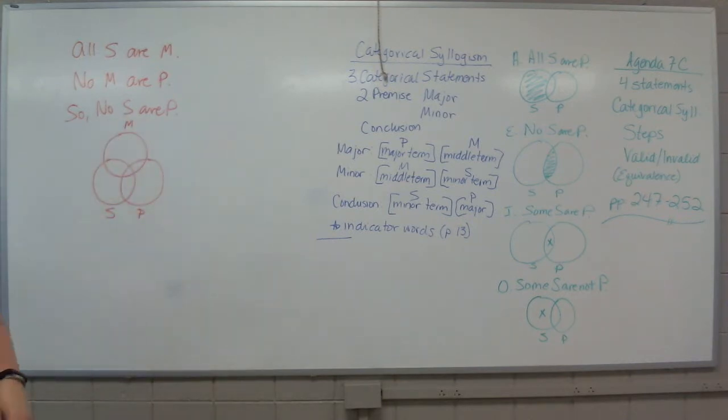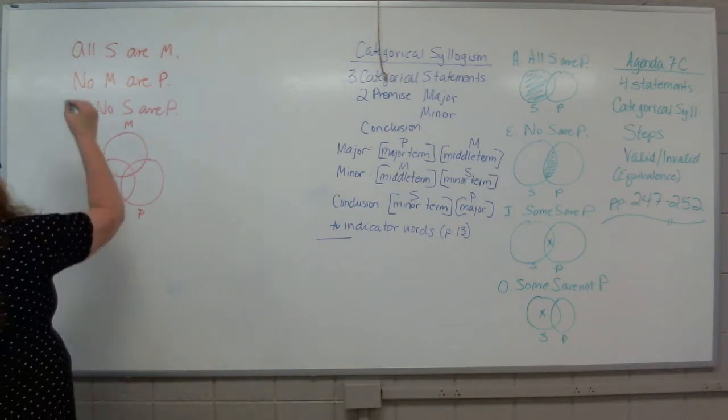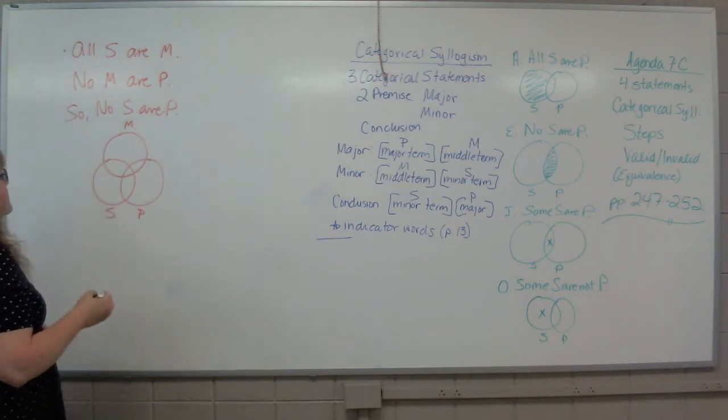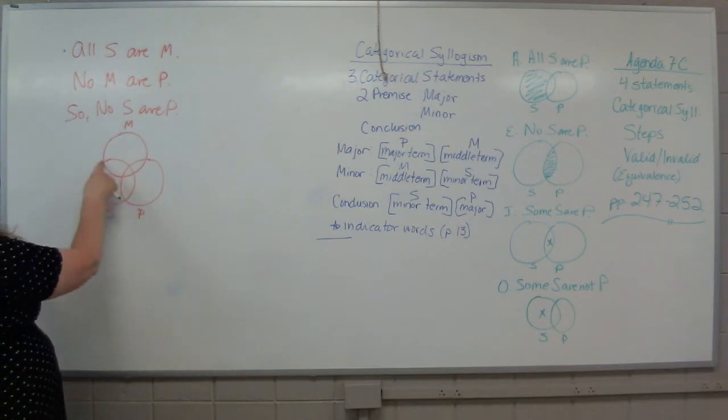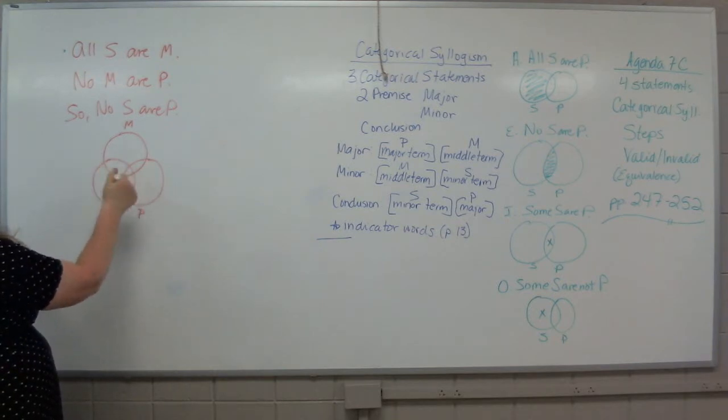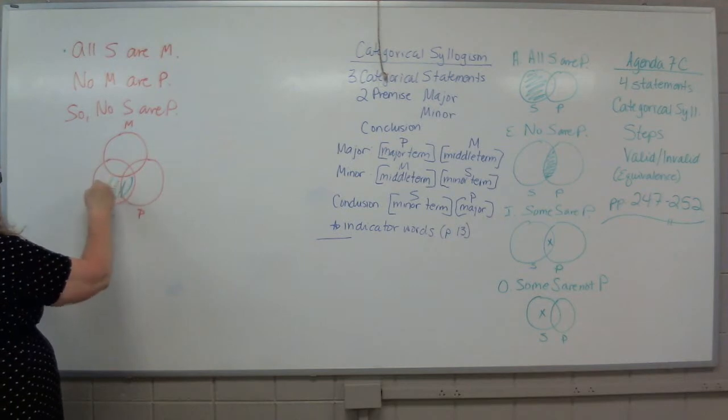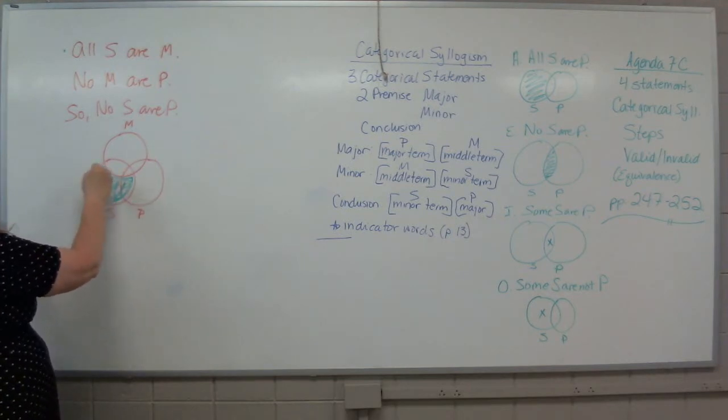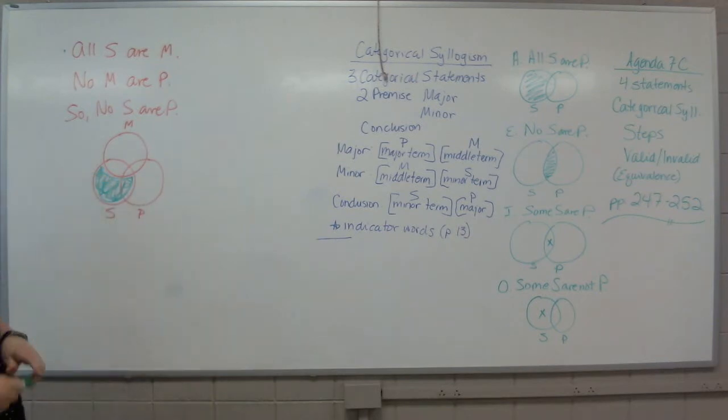Okay, so I have all S are M. So all of my S's are crowded into the little eyeball section here. So I have to color in that whole big section.